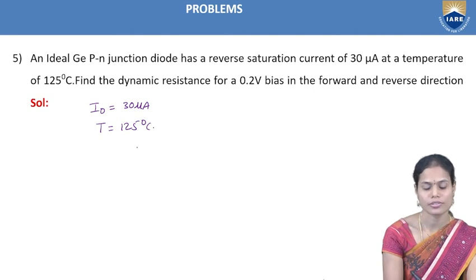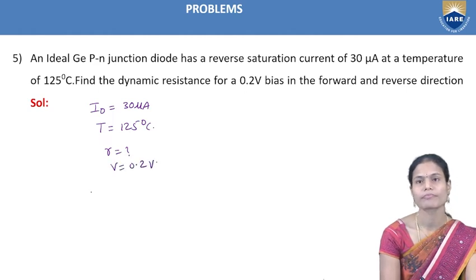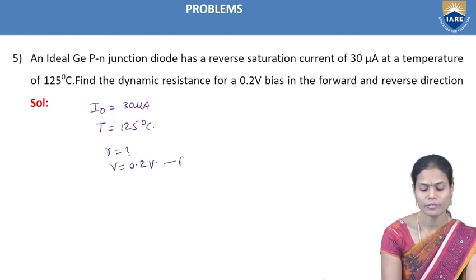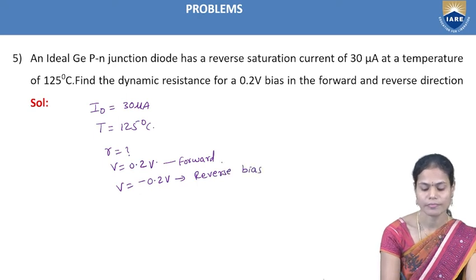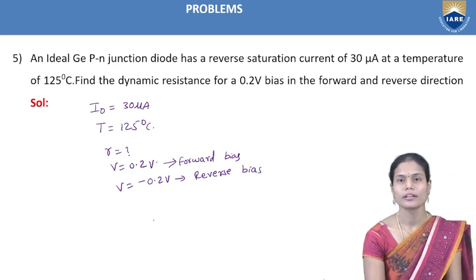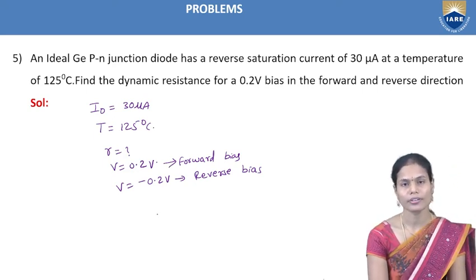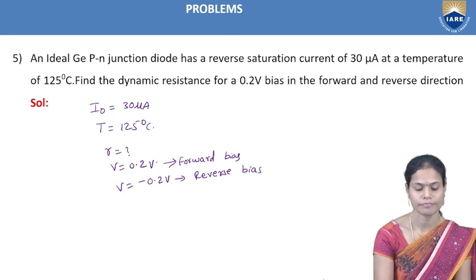Find the dynamic resistance R for V equal to 0.2 volts in the forward condition as well as V equal to minus 0.2 volts in the reverse bias condition. That is, indirectly they are asking for the forward and reverse dynamic resistances.